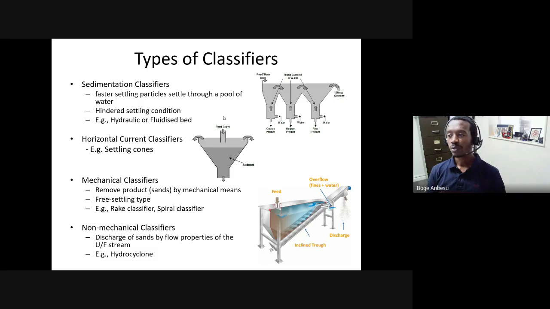To be able to remove the finest particles into an overflow stream and recover the coarser portion, we can use water as an aid in the classification.